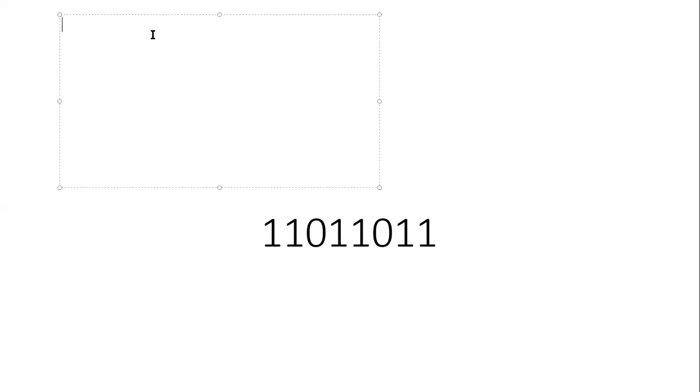So the number is 1101101. You first write the number down and then right below it, I'm just going to leave some gap here so there is enough place for me to write the positional values below it.